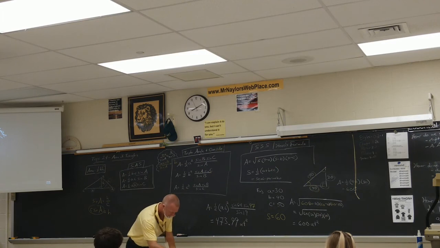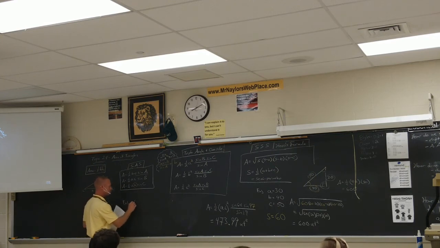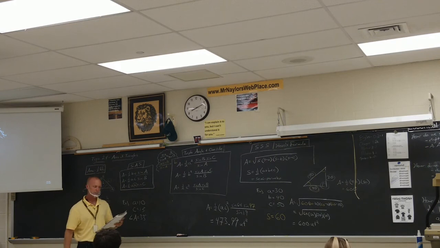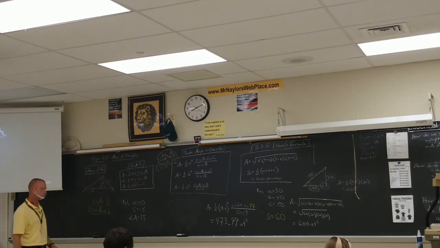I'm going to put this underneath because I don't want to erase all these formulas. What would you do if you had this scenario? Side A equals 10, side C equals 15, and angle A equals 33.